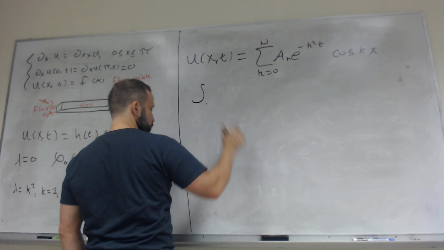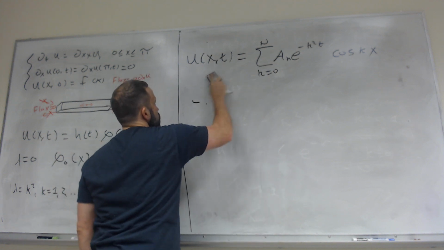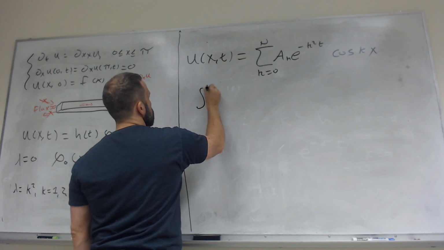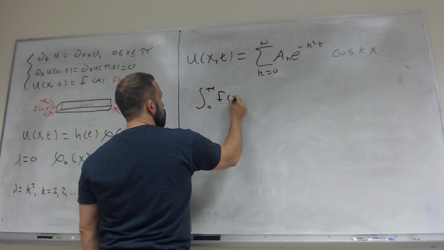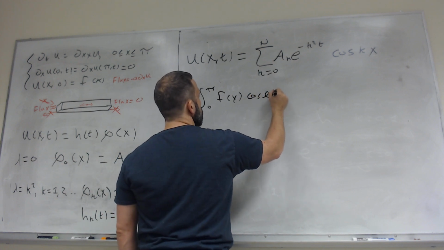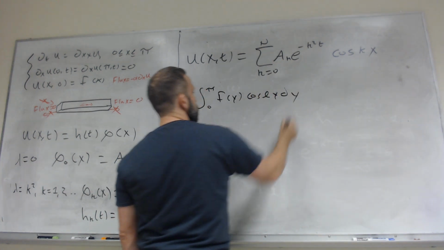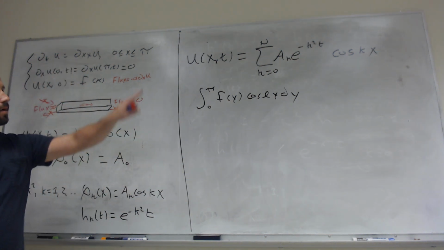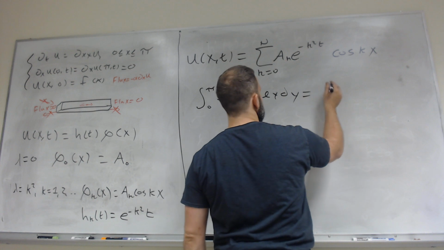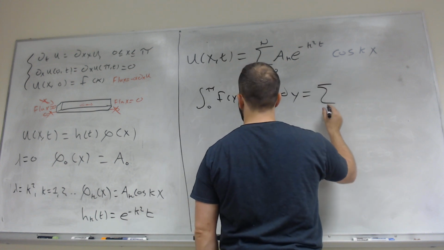So if I look at the integral from 0 to pi of f of y, now I'm going to do cosine of ly, okay, because I've got cosine in my sum here. Well, again, following very closely to what I did yesterday, I keep saying yesterday, I don't know why.